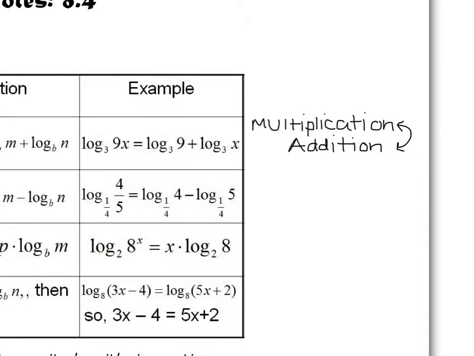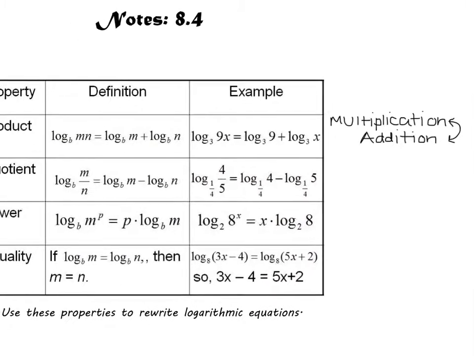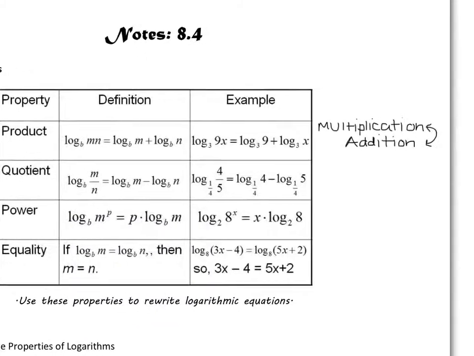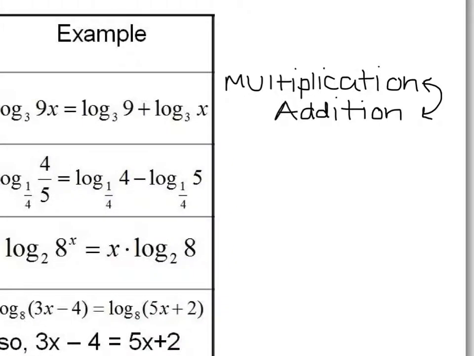The next one is very similar, but instead of multiplication and addition, it is division and subtraction. So we can go ahead and write that, and then we'll look at it.